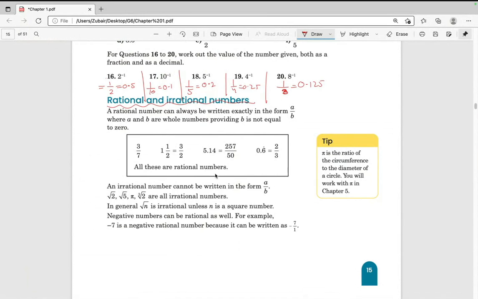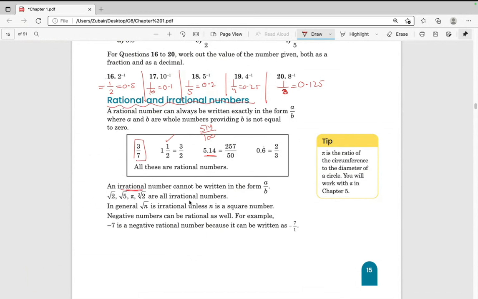All of these are rational. Why? Because they could be written as exact numbers or fractions. This is fraction, this is mixed number and fraction. This is 5.14, which is exact number. It could be written as 514 by 100 and then simplified. And 0.6 recurring, we just did that. We can convert recurring numbers into decimals and fractions.